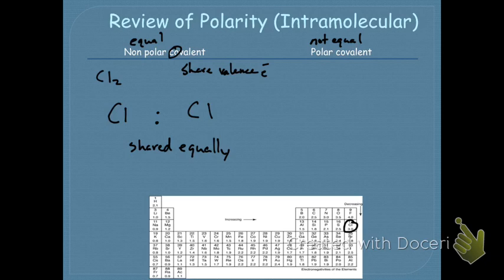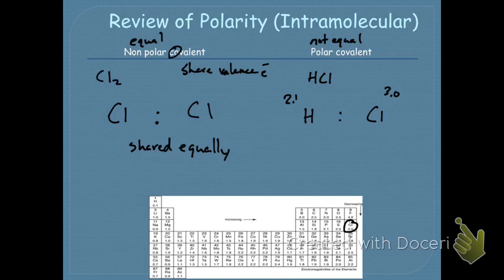Now, with polar covalent, let's take the example of hydrochloric acid, HCl. Hydrogen and chlorine share a pair of electrons. However, chlorine has an electronegativity of 3.0 and hydrogen has an electronegativity of 2.1.